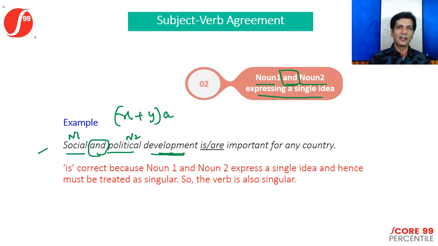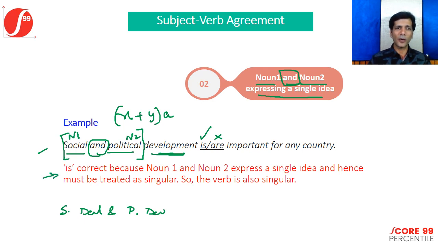So here, this social and political development is actually now a singular idea because we're talking about social and political development and not independently social development and political development. Had this been the case, then your subject would be treated as plural and your verb would be plural. But here your subject is expressing a singular idea and hence the verb must be is and not are.